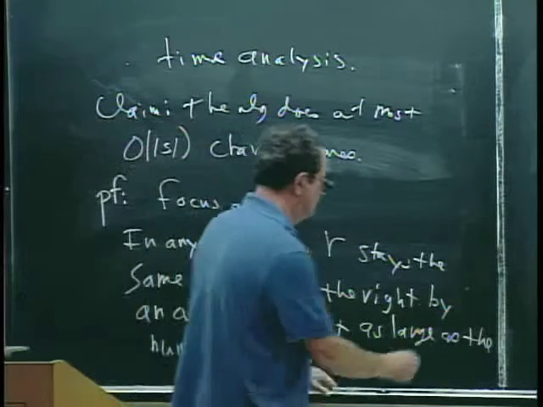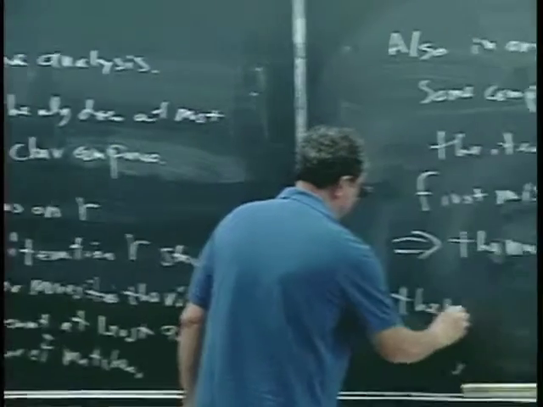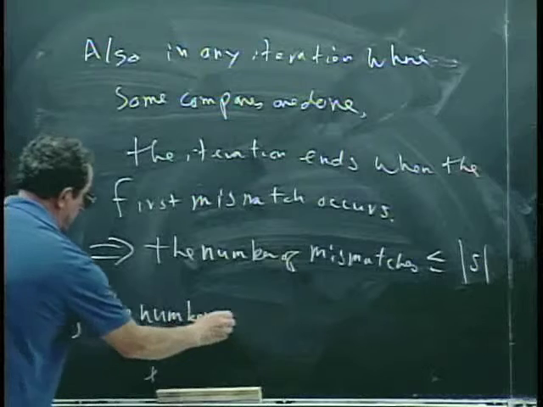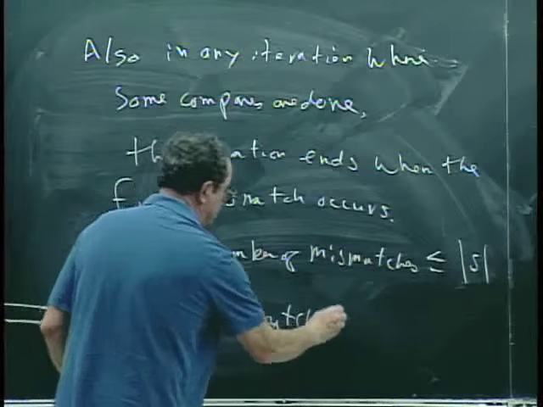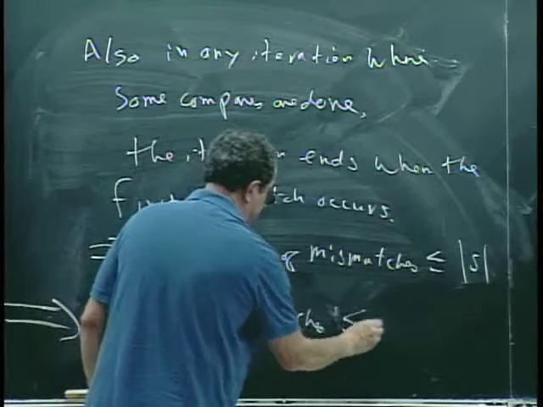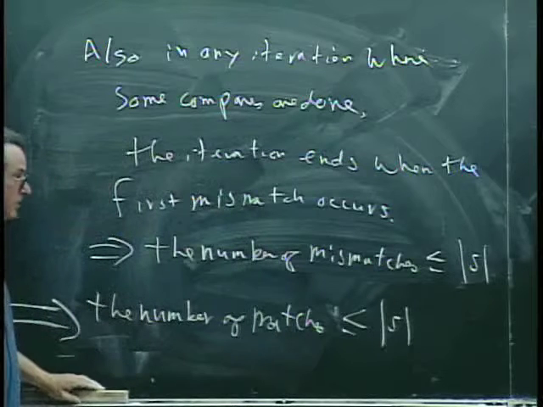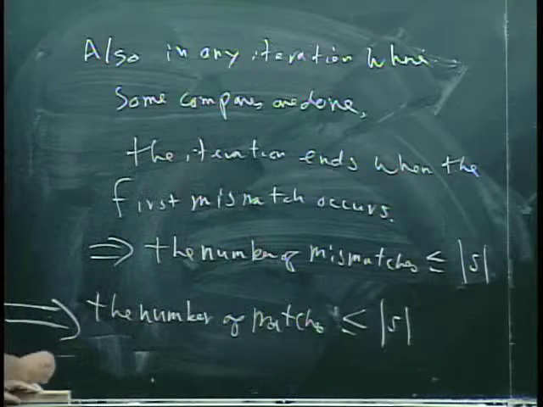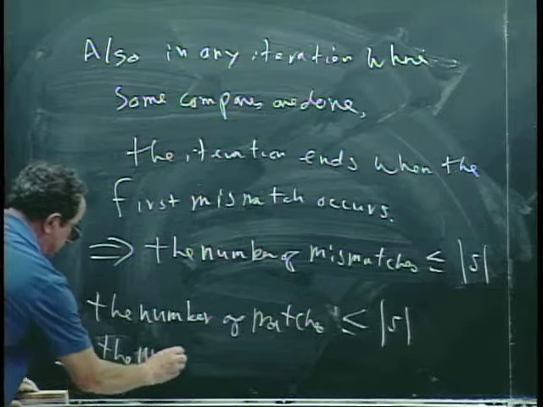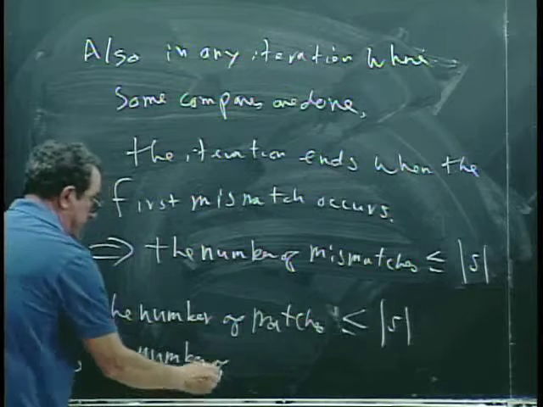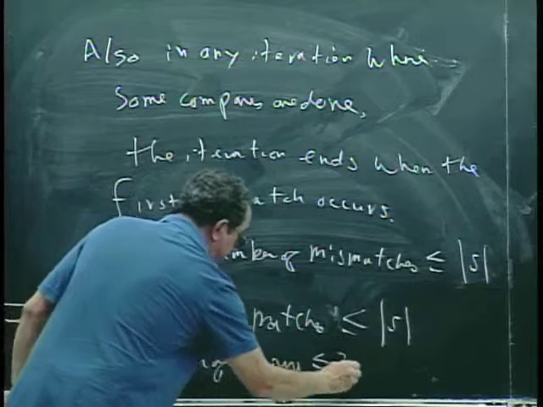So this over here implied the number of matches is less than or equal to S. Every comparison is either a match or a mismatch, so we actually have shown that the number of comparisons is less than or equal to 2S.